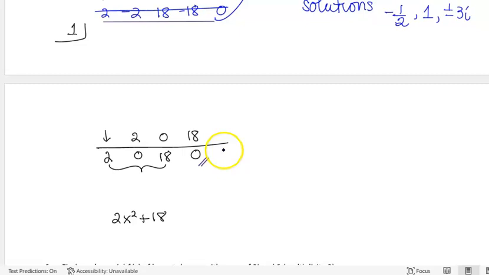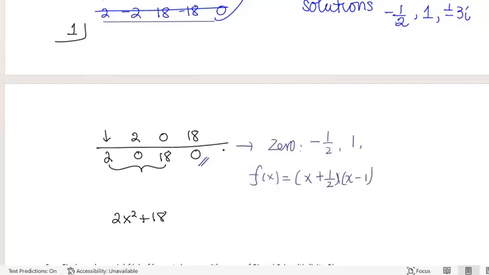So now we already know the zeros are -1/2 and 1. In other words, I can write my f(x) equal to x plus 1/2, times x minus 1, then multiply by the result from my division.